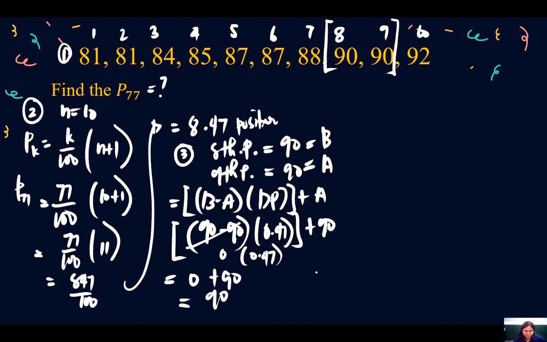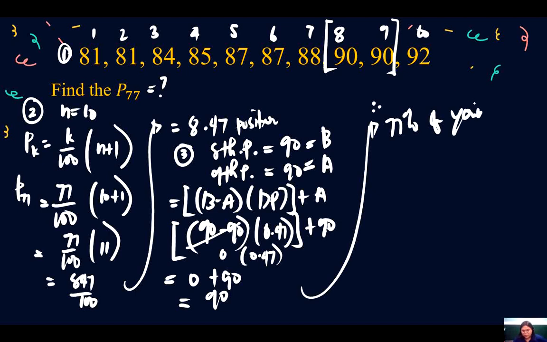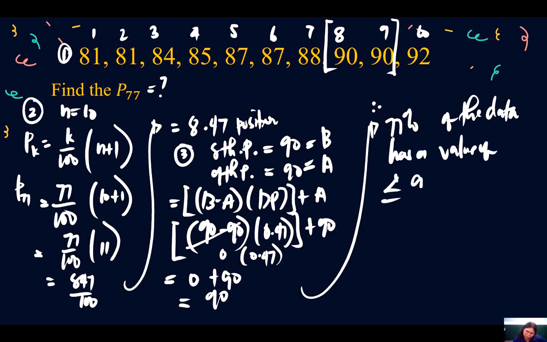Okay? So, ibig sabihin, 77%. Therefore, 77% of your, okay, correction, 77% of the data has a value of less than or equal 90.